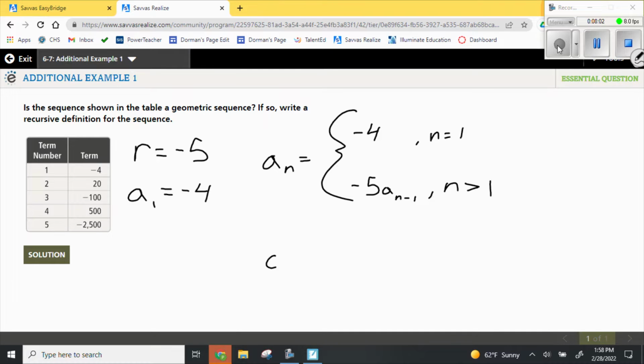Our explicit definition is going to be a sub n equals -4 times -5, right, r to the n minus 1 power.